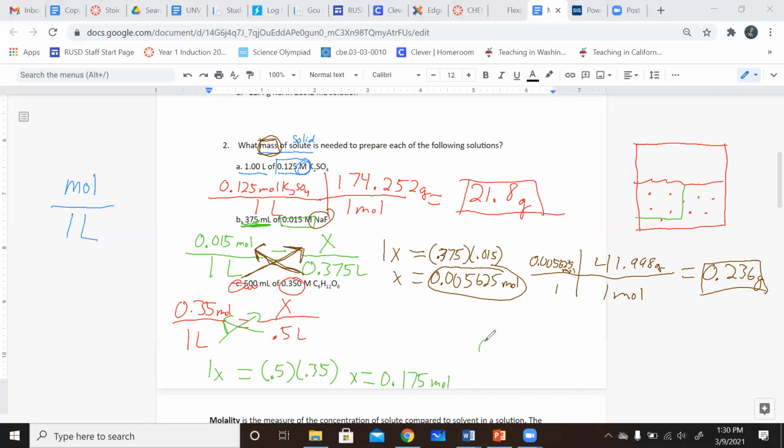We take that 0.175 moles, and now we use a T-chart, and we're going to convert that to grams of C6H12O6. Once we figure out that molar mass on the periodic table, it comes out to 180.1548 grams for every 1 mole. Solve out our T-chart, and we get 31.5 grams as our answer.